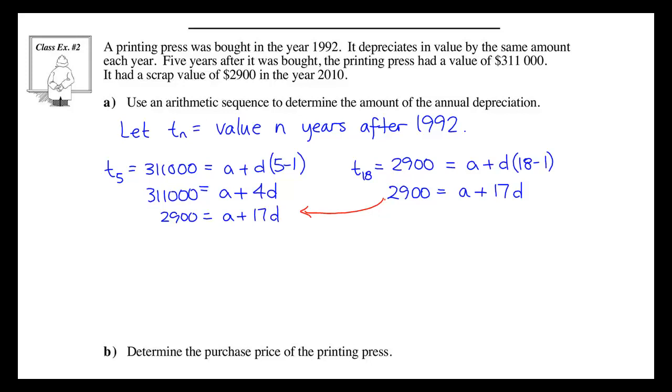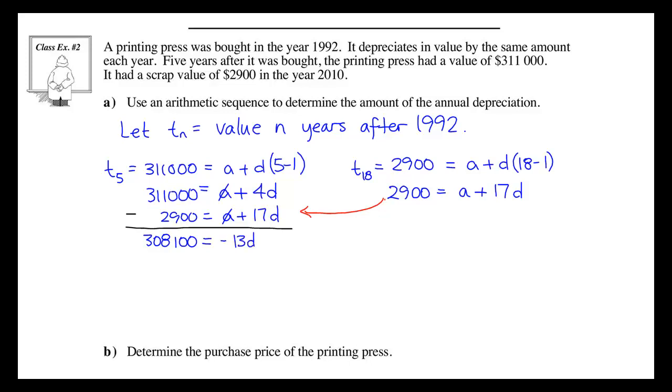If I subtract these 2 equations, I end up with 311,000 minus 2,900 gives us 308,100. And then the A's will subtract to give us 0, so that cancels out. 4 minus 17 is negative 13D.